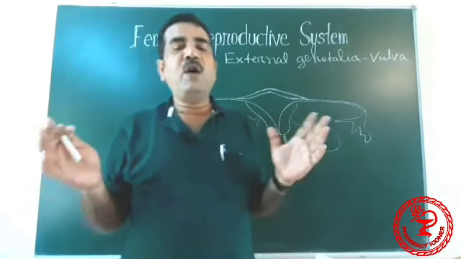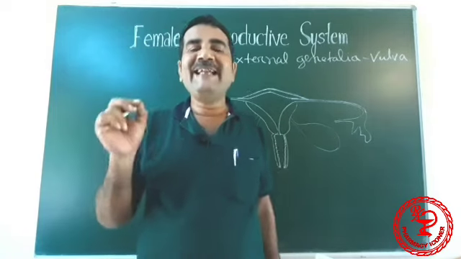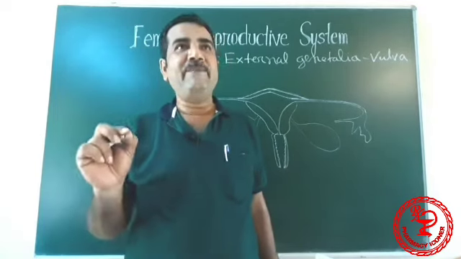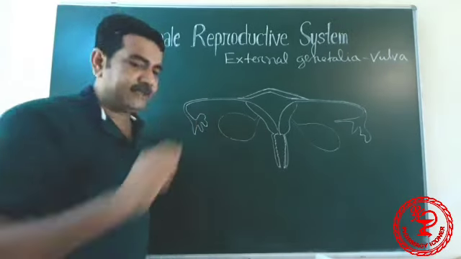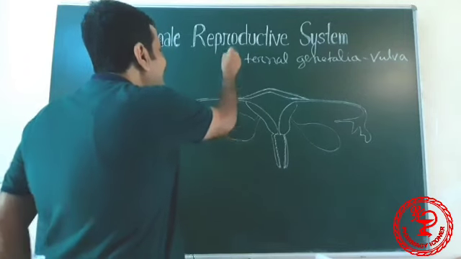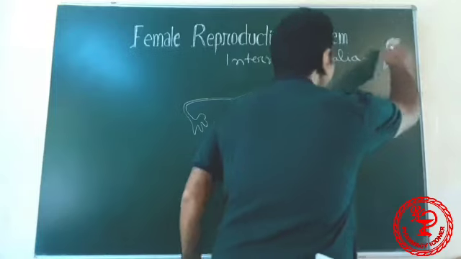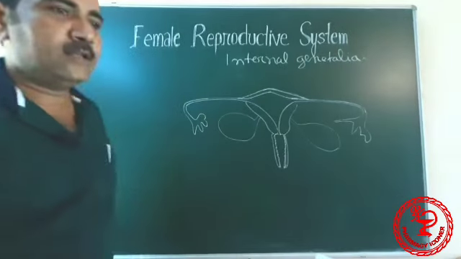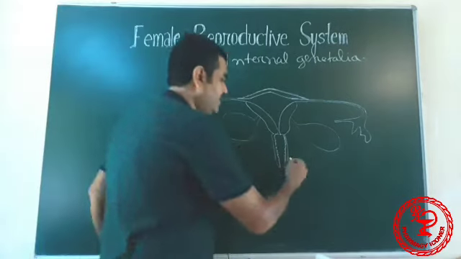The next part of the female reproductive system is internal genitalia. That means this is external genitalia, and this is the internal genitalia. It consists of several organs. What are these organs?